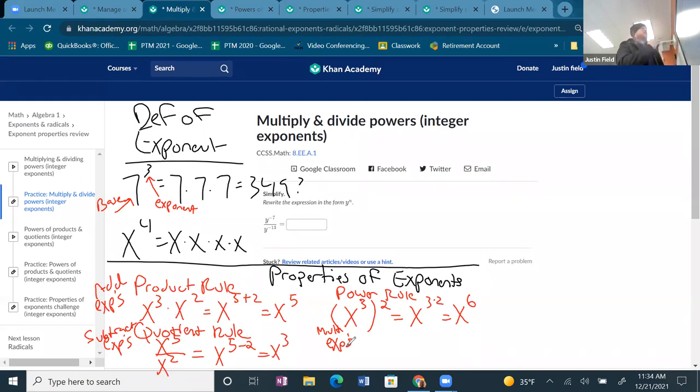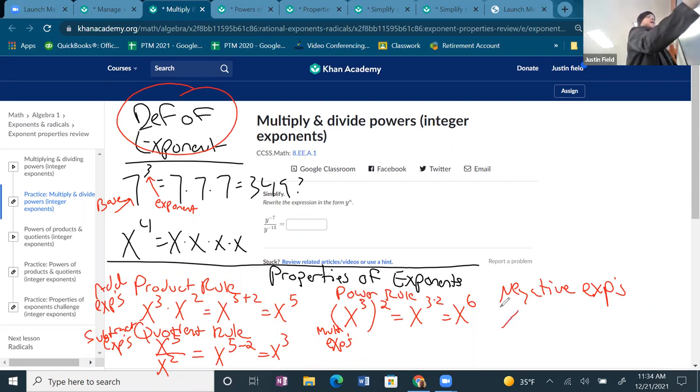Okay. Now here we have negative exponents. So a negative exponent, based on the definition I gave you over here, you may wonder, what does that mean?